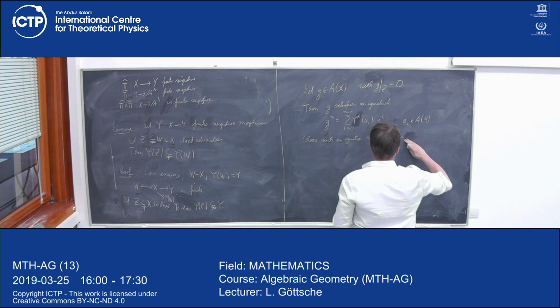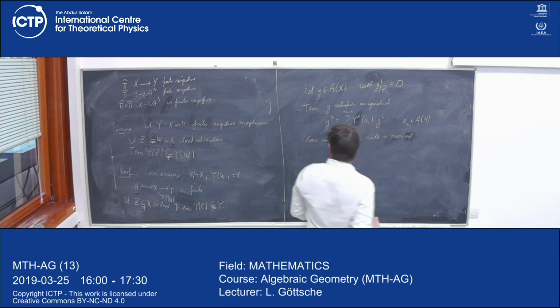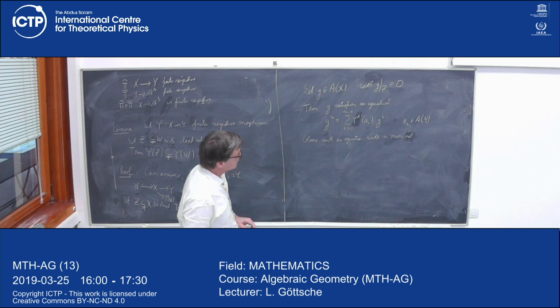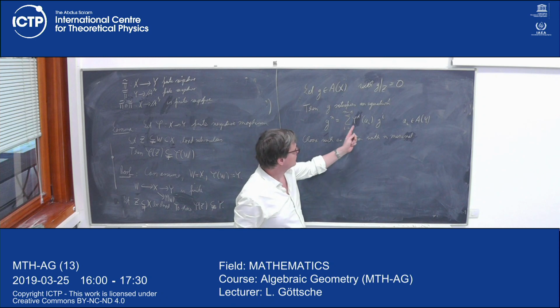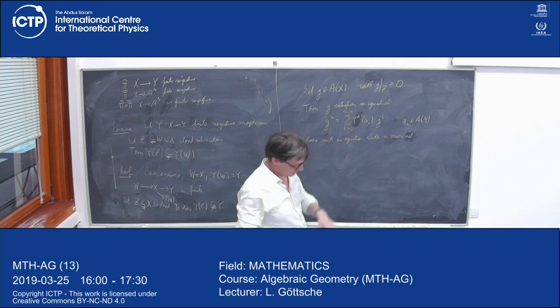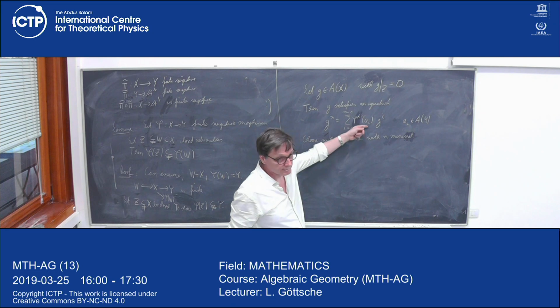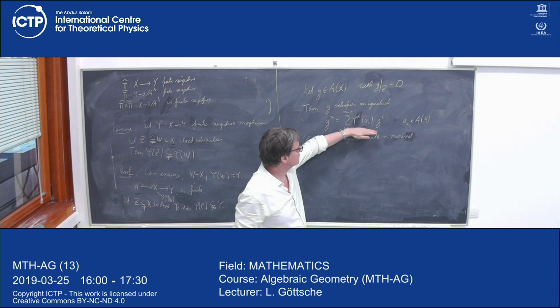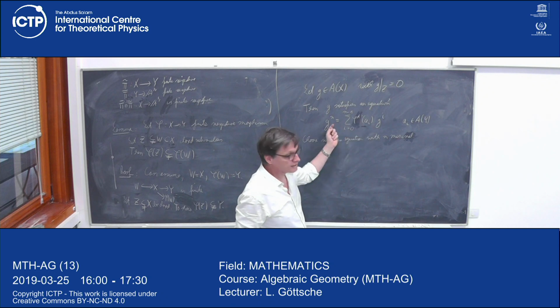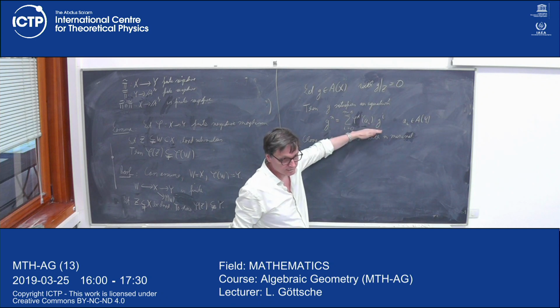Not minimum. Okay, we've chosen this. Now it's clear that phi star of A0 cannot be 0, because if phi star of A0 is 0, then we just divide by G and the equation is still satisfied.